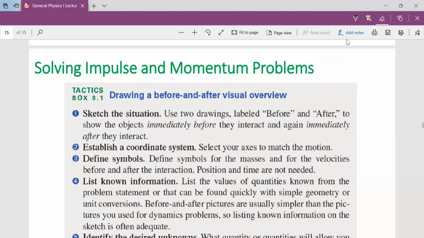Okay. We've been looking at momentum, and in our last class, we discussed momentum and we started with impulse. And then we talked about impulsive forces. We took some examples. But today we want to look at solving impulse and momentum problems.